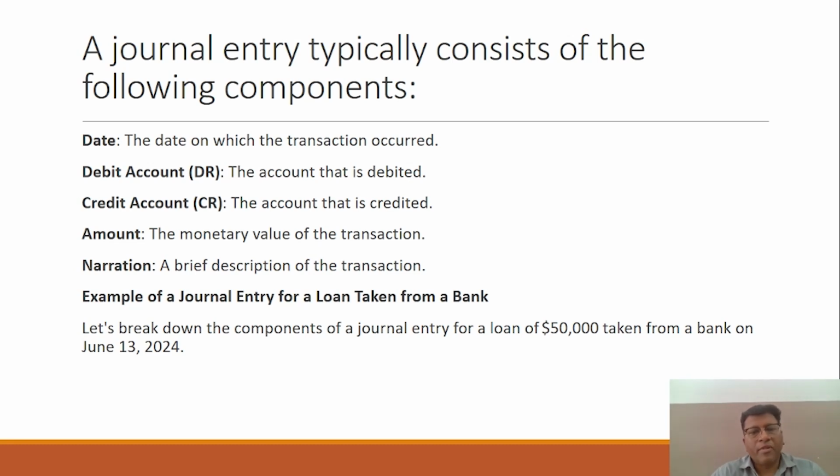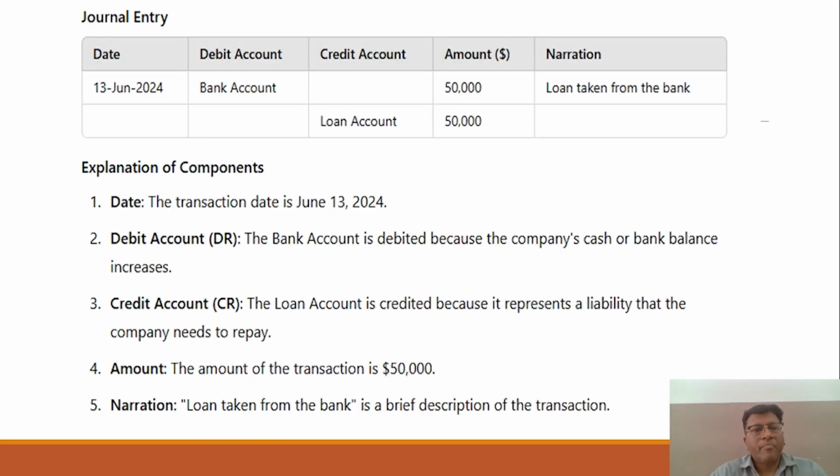For an example of a journal entry, take raising a loan. Suppose a loan is taken from a bank, meaning your organization has taken a loan from the bank. So exactly what would be the entry? You can see that on 13th June, because you have to mention the date, the debit account is the bank account.